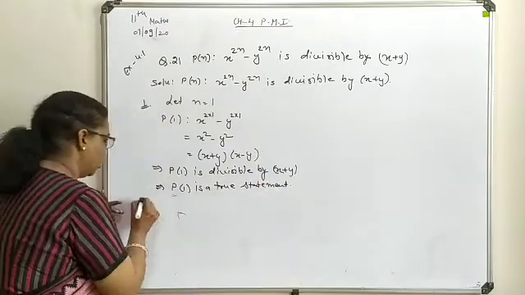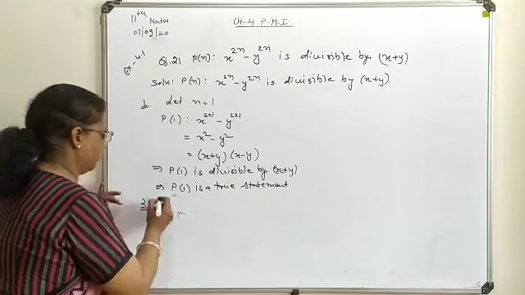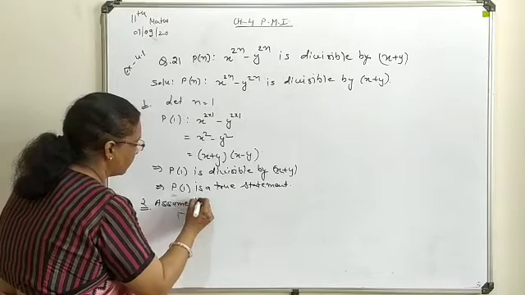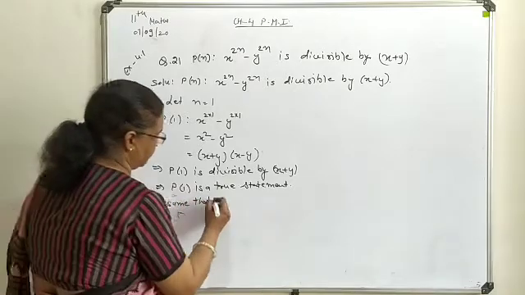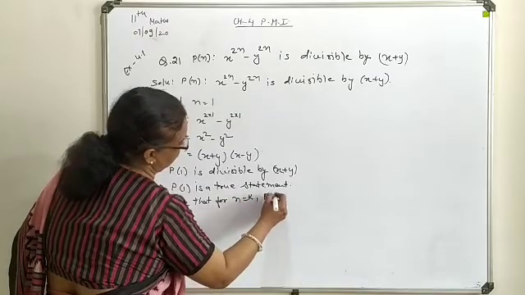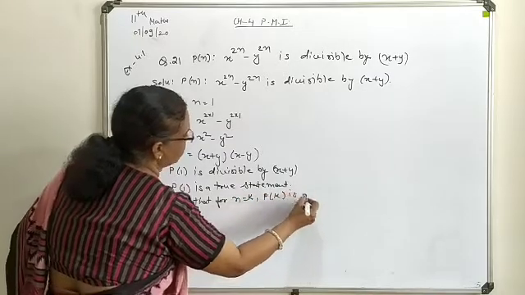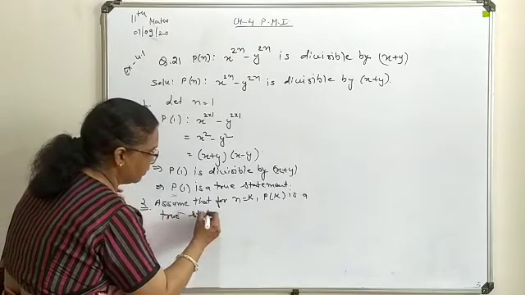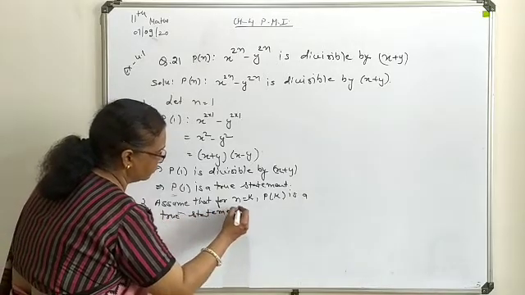Secondly, the normal step we have to write here. So assume that for n is equal to k, Pk is a true statement.